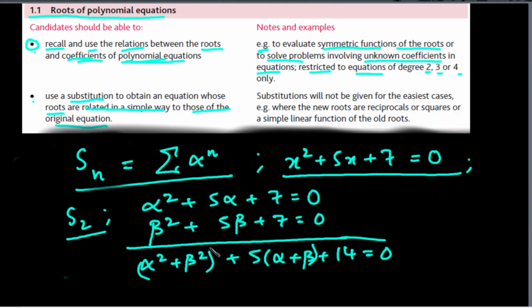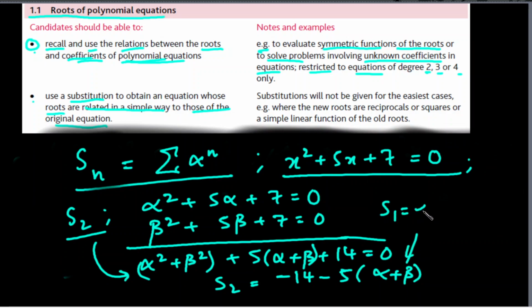This means that using the recurrence relation, we could say that S2, which is this thing right here, equals negative 14 minus 5 times alpha plus beta. And alpha plus beta we could just find as S1.